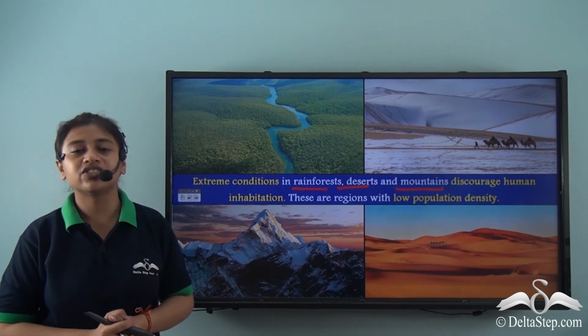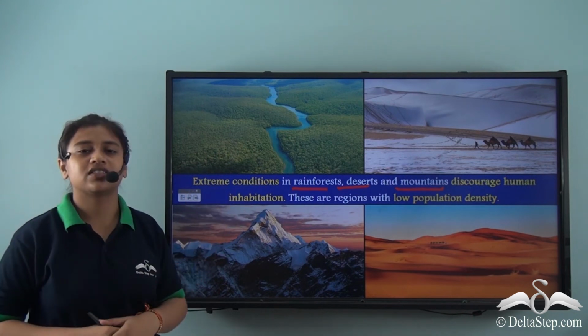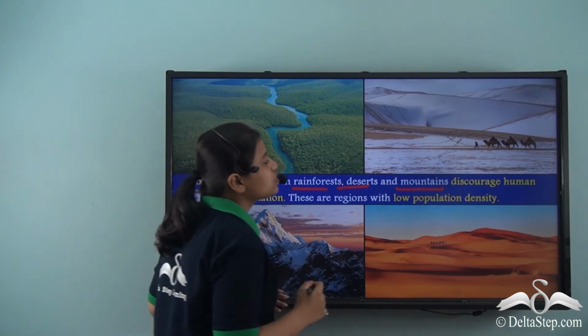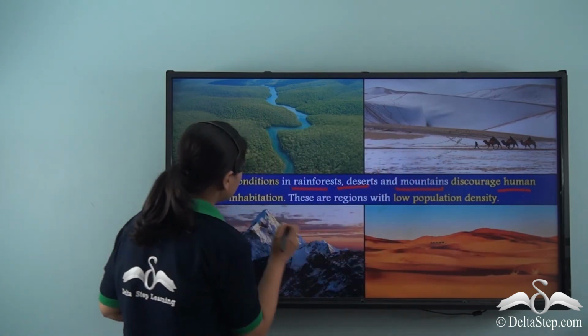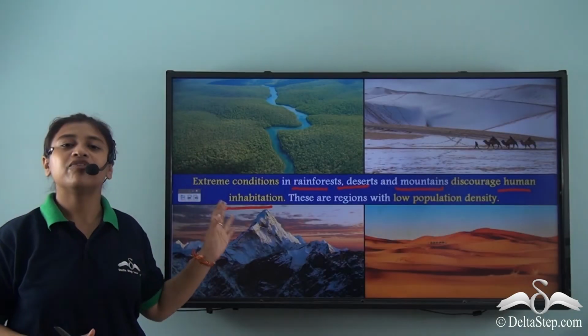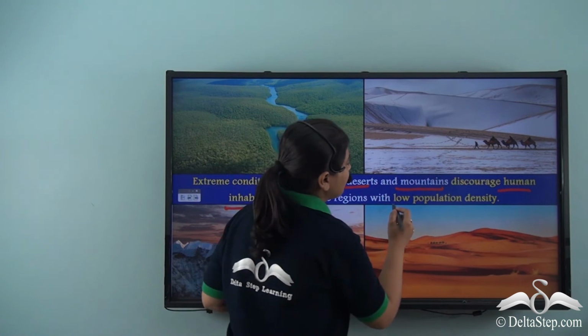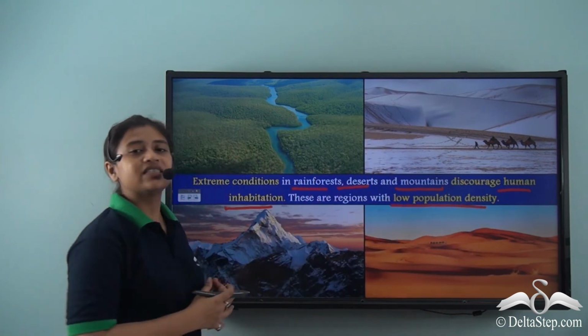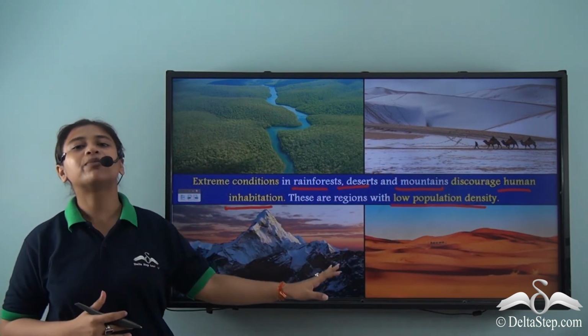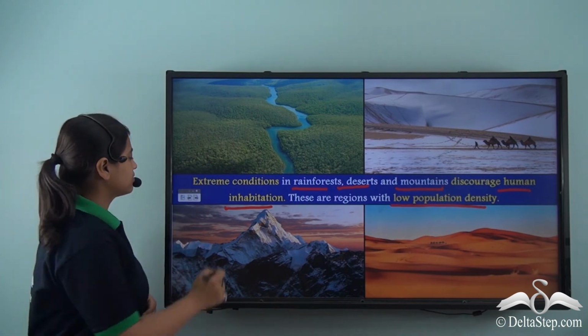So these regions have extreme conditions and they become unsuitable for human inhabitation. And therefore these regions are places with low population density. So they are sparsely populated regions of the world.